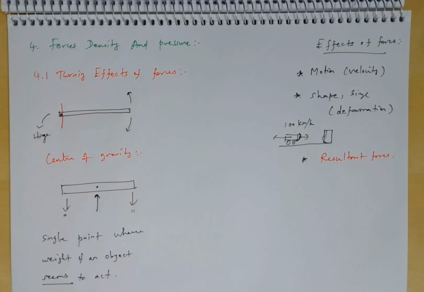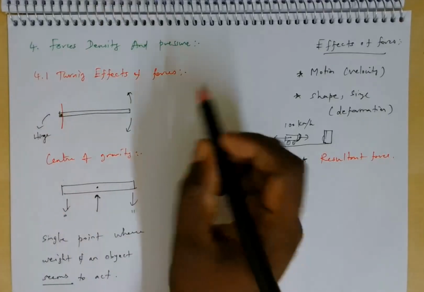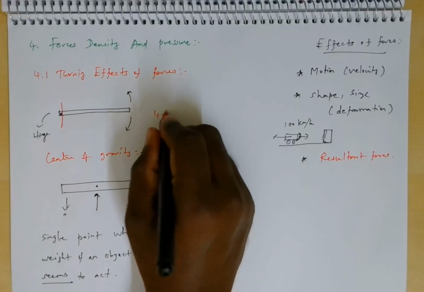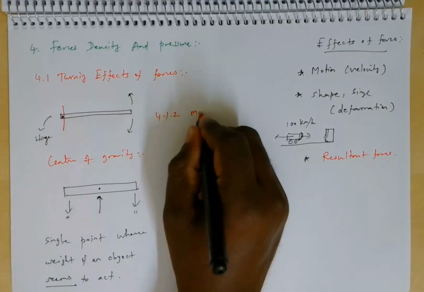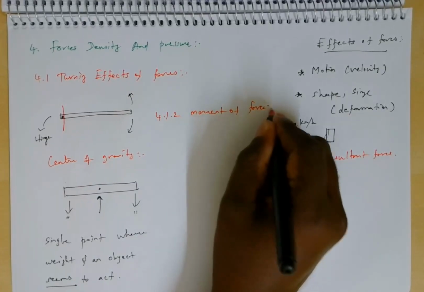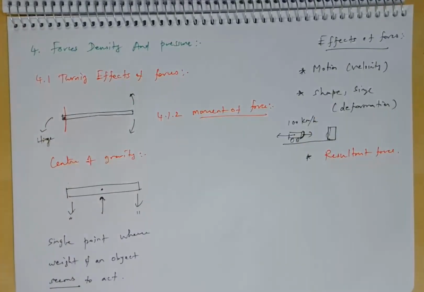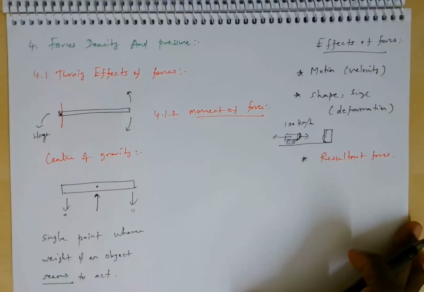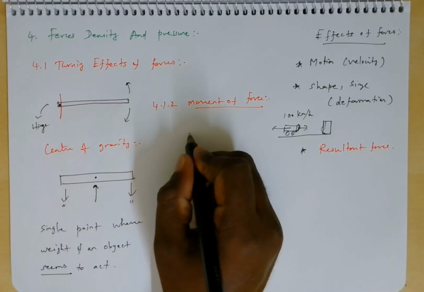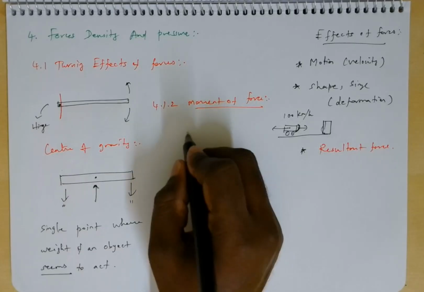Okay. So now we'll shift things and look at how to balance rotational motion. This is the question. For this question, first we need to understand what is moment of force, which we learned in IGCSE. Moment of force doesn't have any letter.